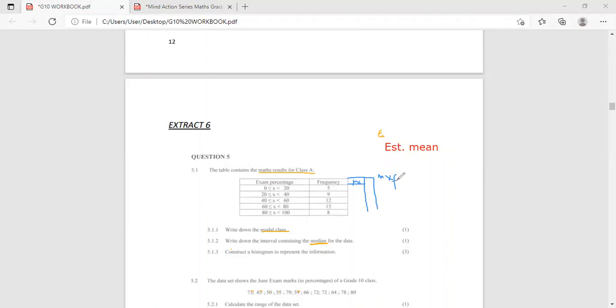That's the only time I can think of that, when one of the questions asks me about the estimated mean. So there's nothing that asks about estimated mean, so I do not construct anything. Understood?